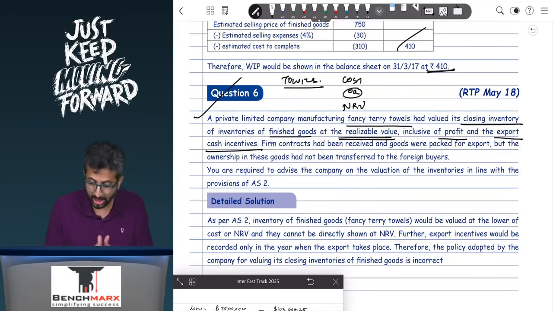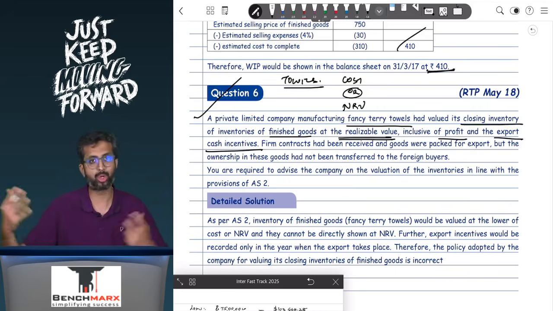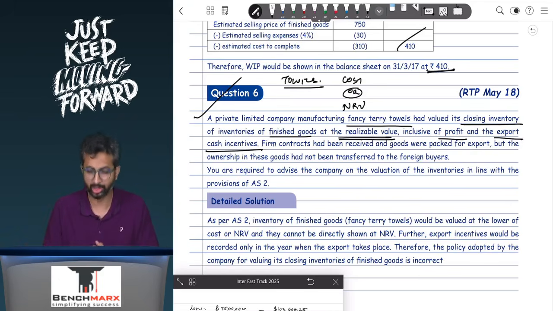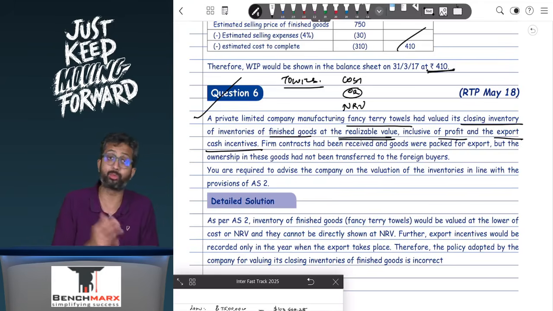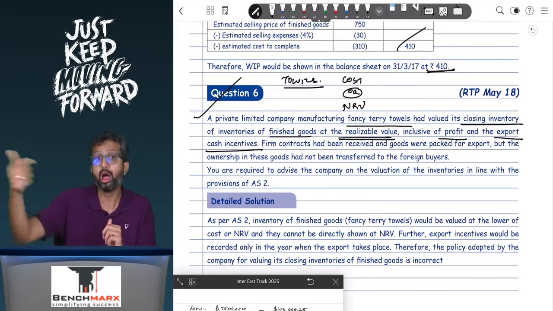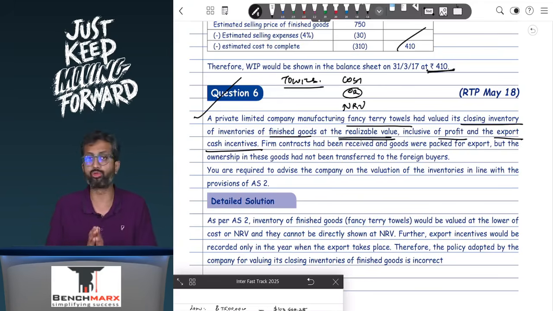Now over here it is clearly given that your realizable value is inclusive of profit. So for example, if your cost is 100, realizable value will be 100 plus 20, that is 120. Now that is not going to work. And export cash incentives. Maybe you are planning to export the towels and hence the government is going to give you 10 rupees of incentive. So maybe you have shown it at 130, that is 100 of cost plus 20 of profit plus 10 of export cash incentives, and you have shown this as NRV of 130, which is wrong.